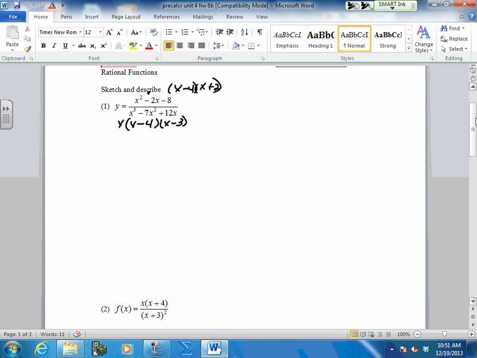Let's come do your domain, your denominator. So, when x is 0, when x is 4, when x is 3, take them out of your domain. Let's build a little domain thing here. Here's my 0, my 3, my 4. So my domain goes negative infinity to 0.